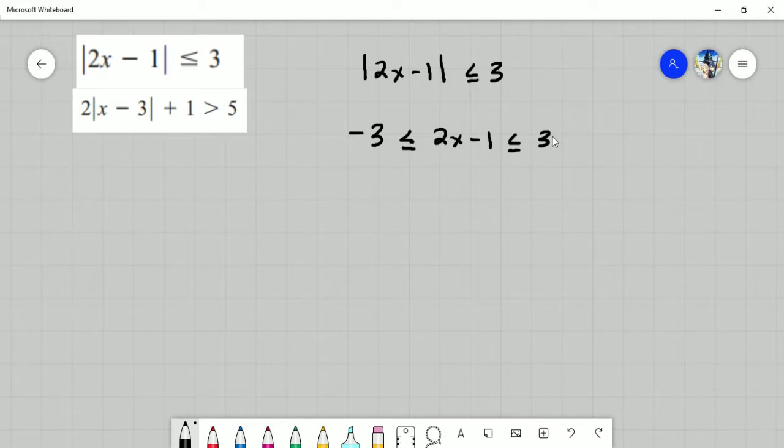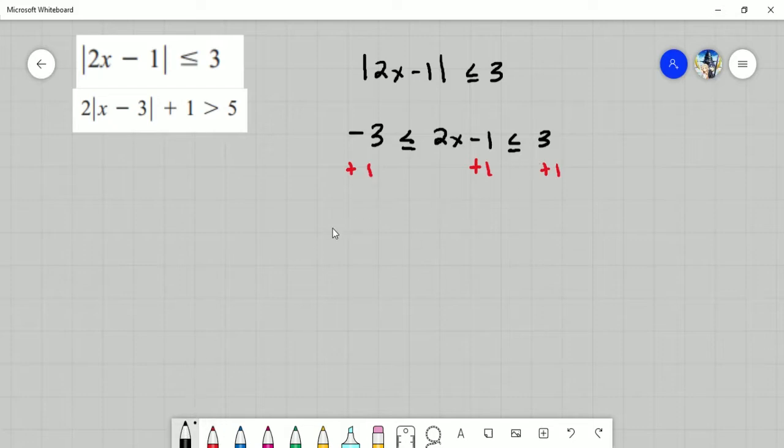So this is how that inequality will be set up in one line. I will solve for my variable x. Think of this as having two equations written in one line. When I go to solve for this, first I need to get rid of that -1, so I will need to add 1 to each part.